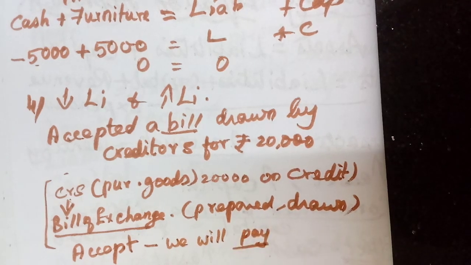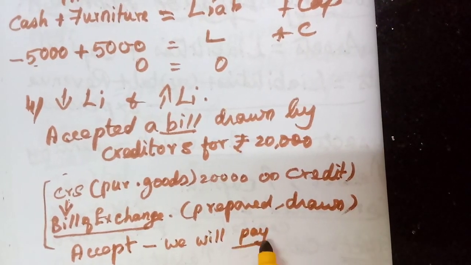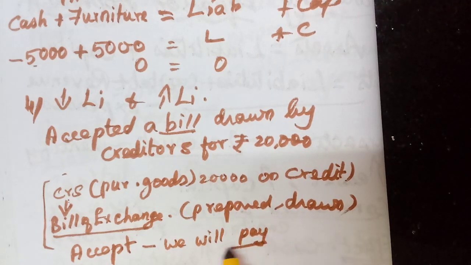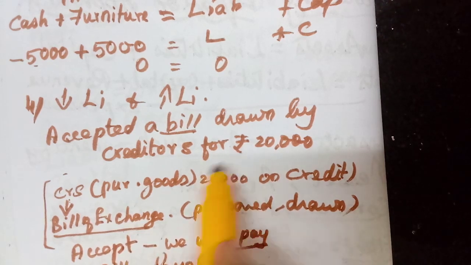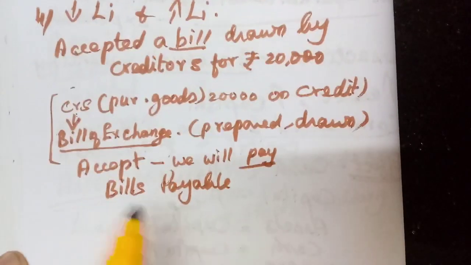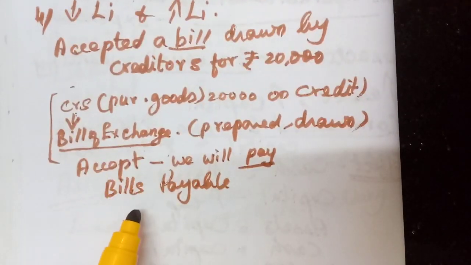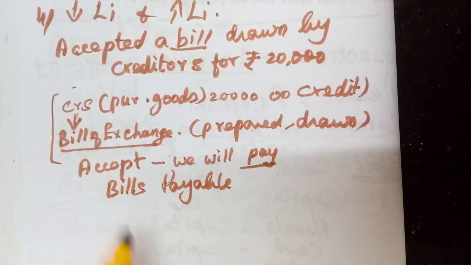Okay. When we accept, that is becoming bills payable. Understand that we need to pay. So that bill is called bills payable. We need to pay to whom? To the creditors. Understood? That is becoming the bills payable to the creditors. When we accept, it becomes the bills payable.